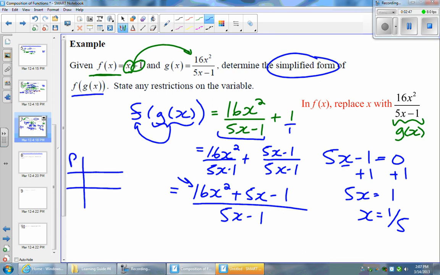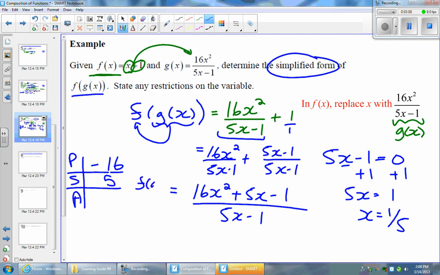So PSA, and our product is going to be negative 16, okay? And our sum is going to be 5, and if you take a look, there aren't any numbers that fit this situation. So therefore, my simplified form is just written as is.